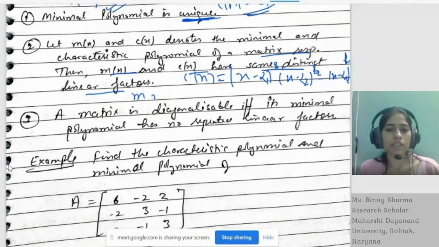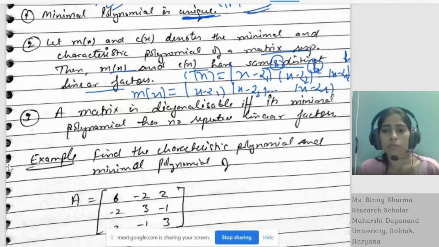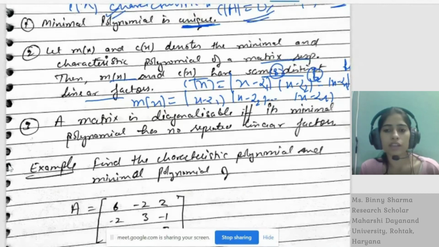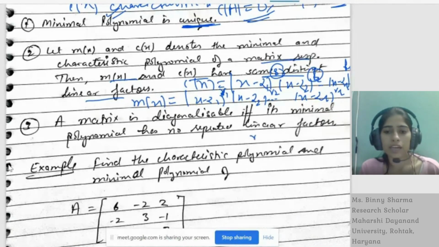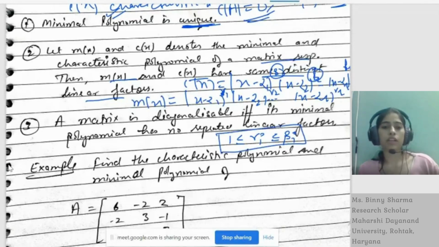Then m(x) also has the same linear factors, that is x minus alpha 1, x minus alpha 2 and x minus alpha r, but the powers may be different, like gamma 1, gamma 2 and gamma r, and the gamma i's will lie between 1 and less than or equal to beta i.